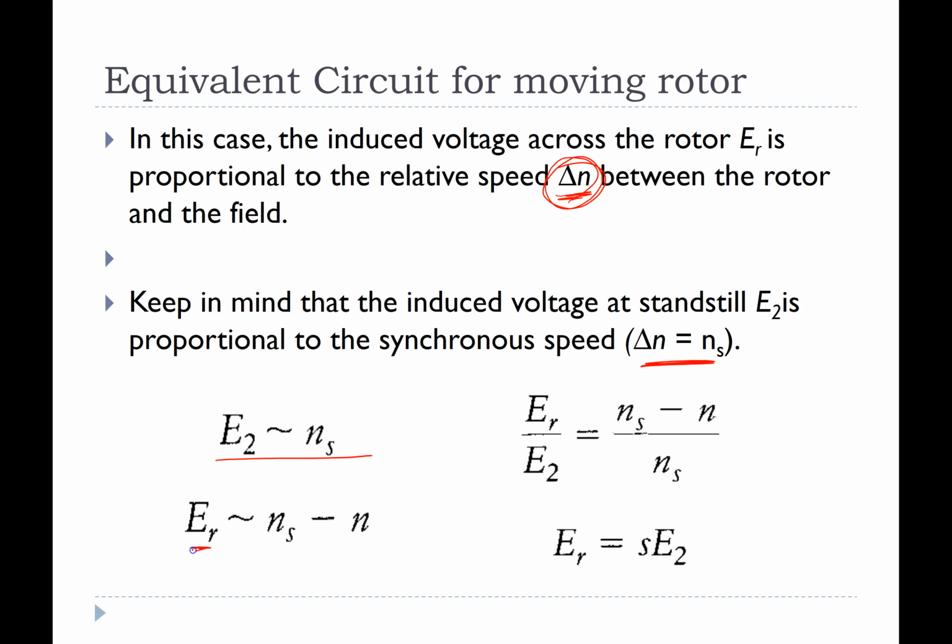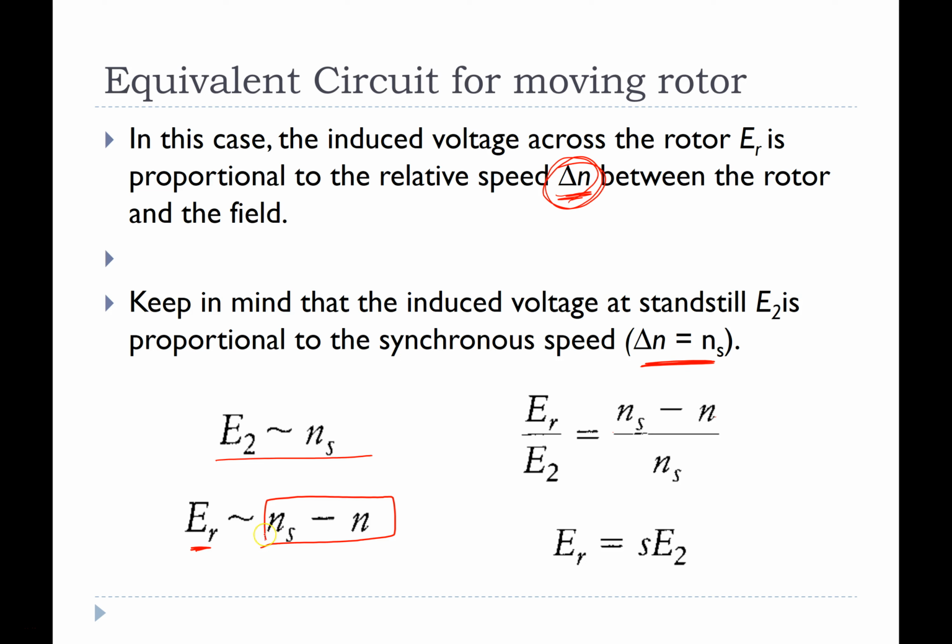For the case of the moving winding, when the rotor begins to rotate, it is proportional to Ns, the synchronous speed, minus the mechanical speed. So the synchronous speed might be 10 RPM, and the actual speed at which the motor is turning might be 9.5 RPM. So the difference, the relative motion, is 0.5 RPM.